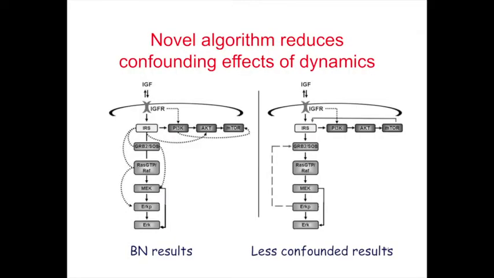Now it's going to be incomplete because we have 4 inhibitors there, so there's a bunch of stuff missing. That's OK. We're going to argue that what we learn, we're going to trust more because that's less entangled. Now we're going to do structure learning and enforce as a constraint what we learned under the highly perturbed, less entangled condition. And when we did that, we got much less confounded results.